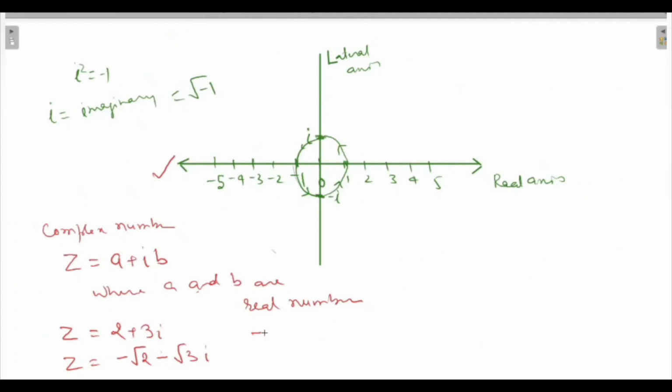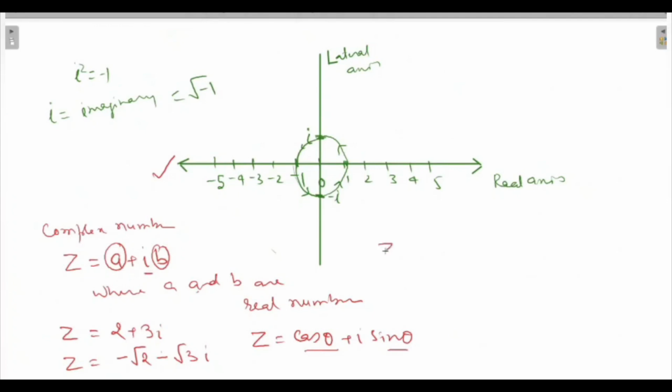Even cos theta plus i sin theta would also be a complex number, because the value of cos theta will be between -1 to 1, and sin theta's value will be between -1 to 1. So any number wherein the first part and the second part are real numbers, and there is a multiplication of i in the next part, a number of this form is called a complex number.